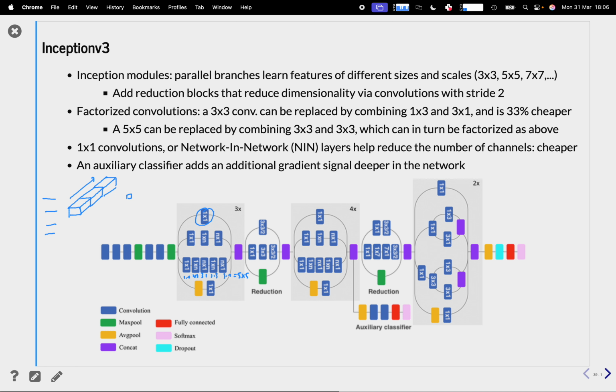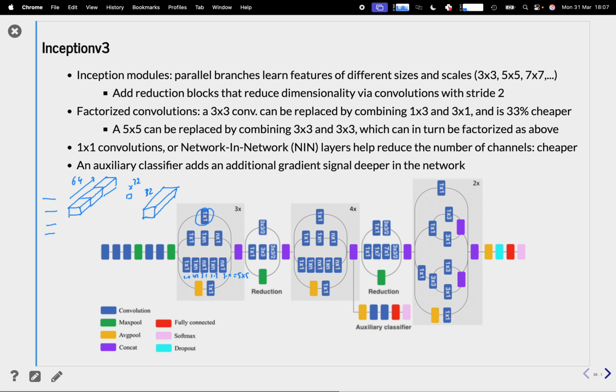So say here you have 64 outputs and you want to have only 32 of them, then you can just do a 1 by 1 convolution and choose 32 of those, right? And so the inputs won't change, but the number of channels will. So you kind of average over the channels so that you have the number of channels that you want.